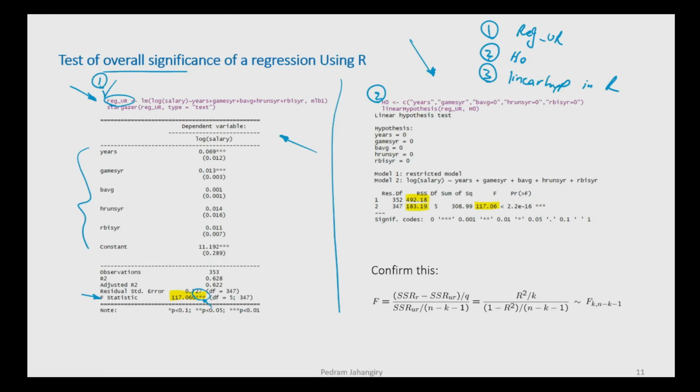So it really doesn't matter if I write something like this, years, or write years equal to 0. R is going to treat them the same. It's going to assume that it's equal to 0, right? So usually people are going to leave it like this unless you want to test it against some specific number.